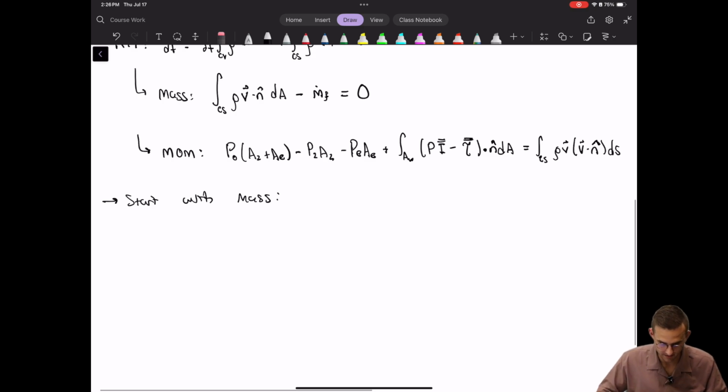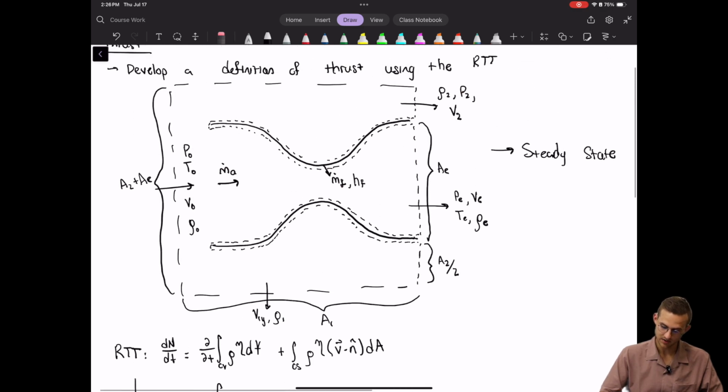Let's talk about what's happening at each of these surfaces. On the left-hand surface, we're going to assume that we're at, let's say, cruising speed, and that the flow coming in is quasi 1D.